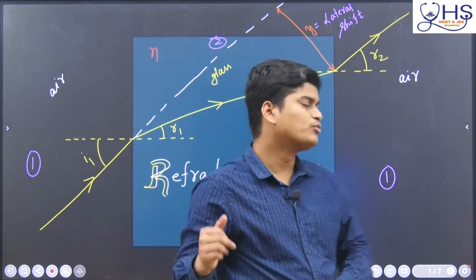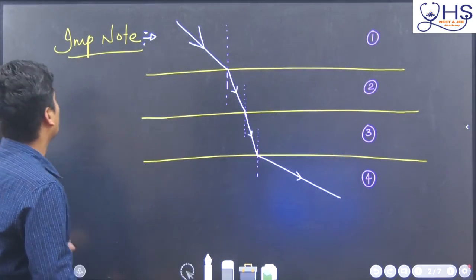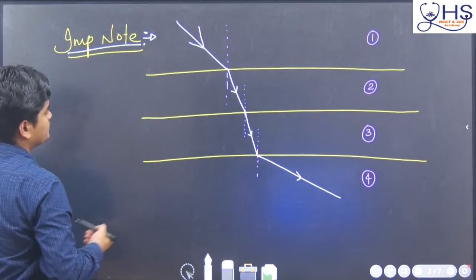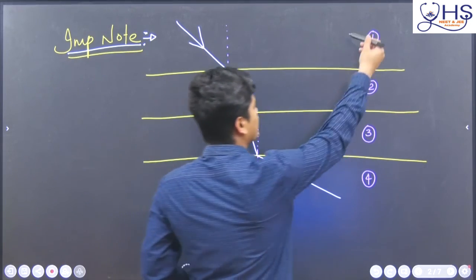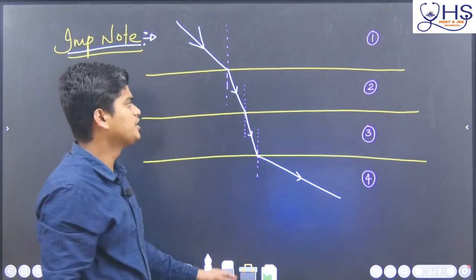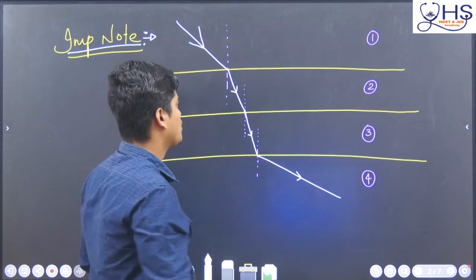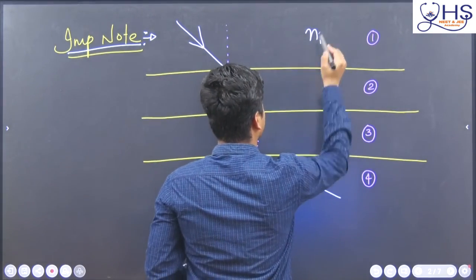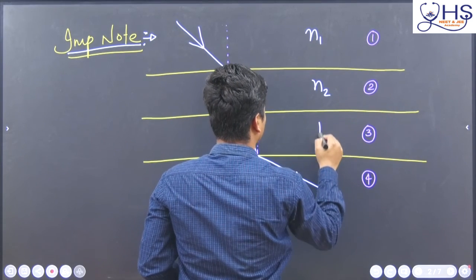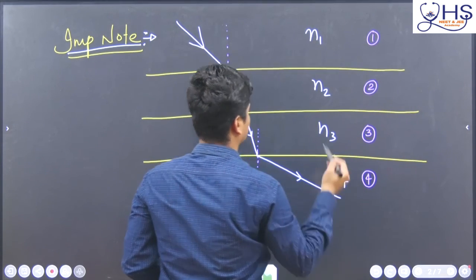Okay, now move to the topic. So here understand one important note. Here I have different mediums: medium 1, medium 2, medium 3 and medium 4, with refractive indices n1, n2, n3, n4.